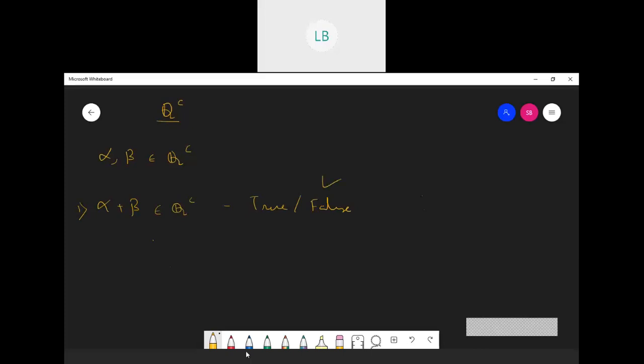We can just take an example. To show something is false, we just need to give a counterexample. Proving something true is the difficult part, but whatever. So here we need to show it false. Just take an example like root 2 and minus root 2. The sum is 0, which is rational.